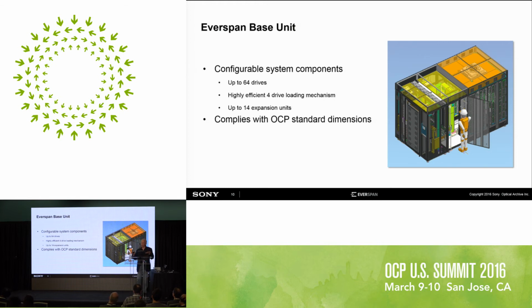That means we can load the 64 drives very fast and then get our 18 gigabyte per second bandwidth. The rack dimensions comply with the OCP standards. So the standard OCP rack has similar dimensions.